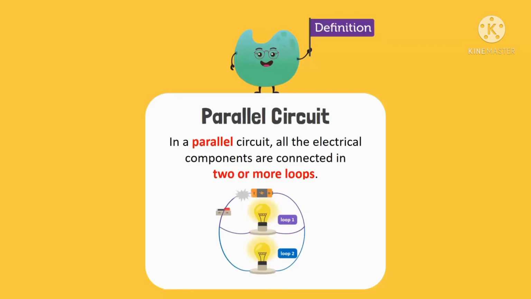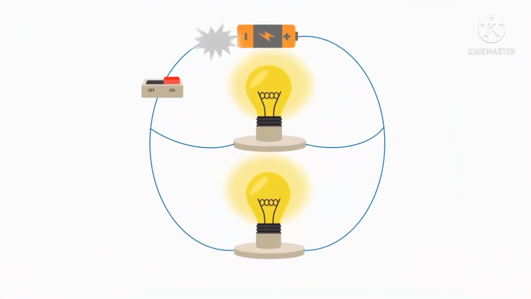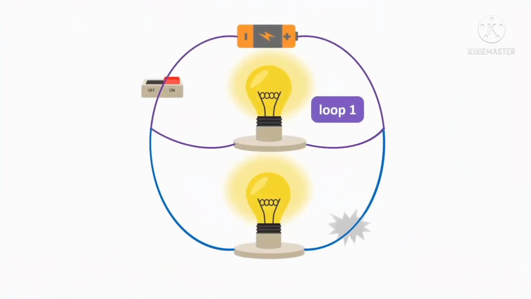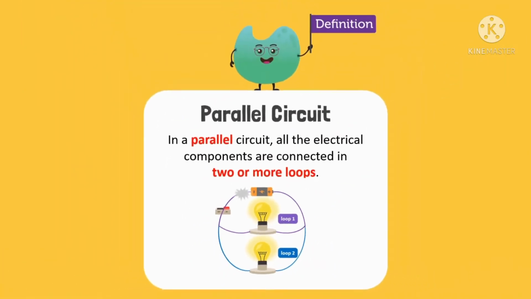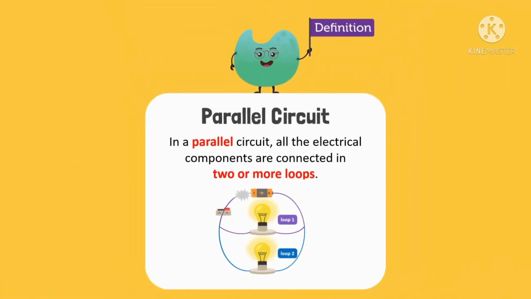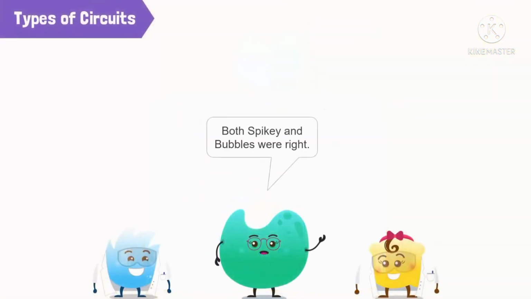If all the electrical components are connected in 2 or more loops, then it is a parallel circuit. In a parallel circuit, there is more than one path for the current to flow. Each loop is independent, so the current in one loop will not affect the current in another loop. So, now we know that both Spiky and Bubbles were right.